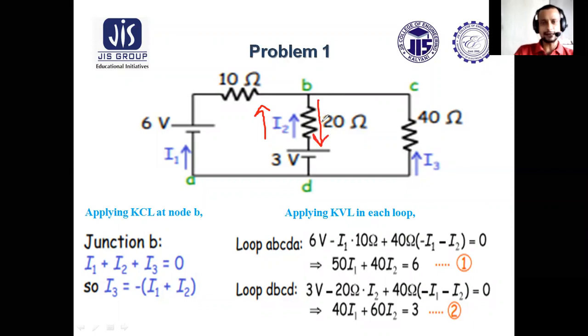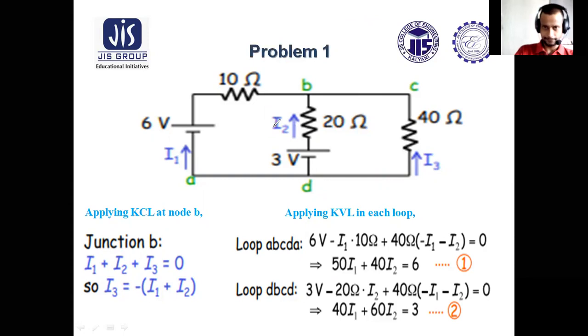So as I said earlier, you can assume any direction of current. If you get a negative answer for the current, then your actual direction of current should be opposite to the assumed direction. So here we have assumed I2 in the upward direction, but actually I2 should be flowing from B to D. So this is the conclusion of having negative current.